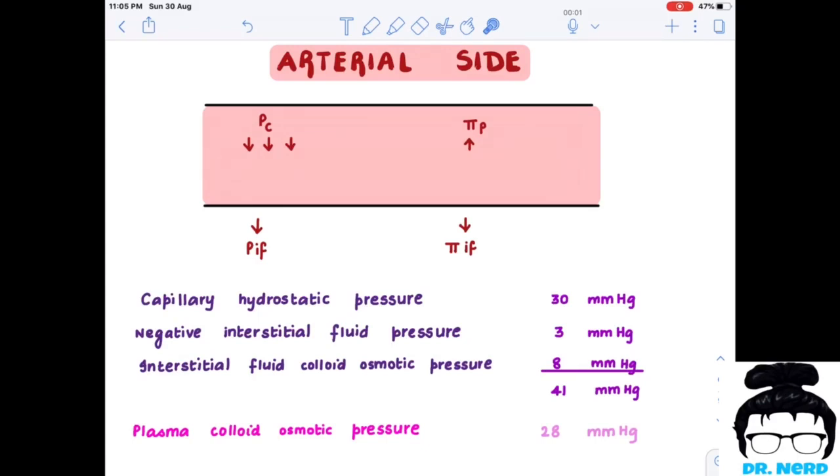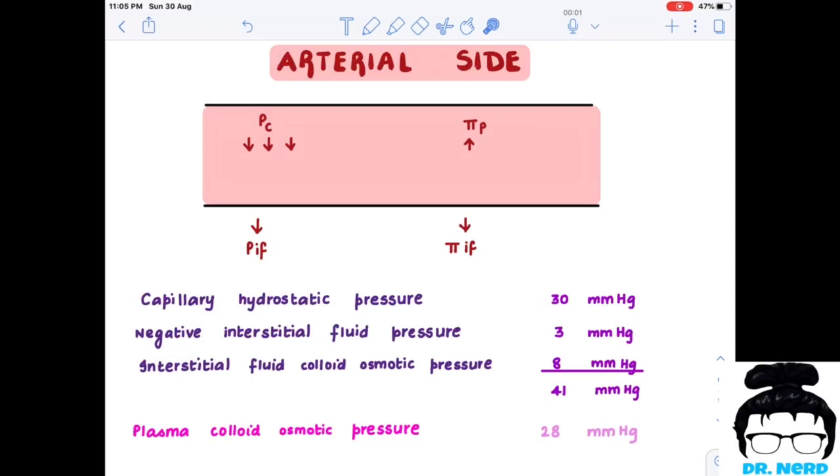Now we are going to add these three pressures. The reason being, why are we adding? Because they are acting in the same direction. They all are acting in the same direction. However, the only pressure that is acting in the opposite direction is the plasma colloid osmotic pressure. So it is being subtracted here. So to find the net force, we have to subtract the outward forces from the inward forces.